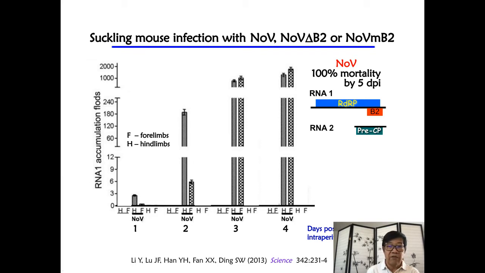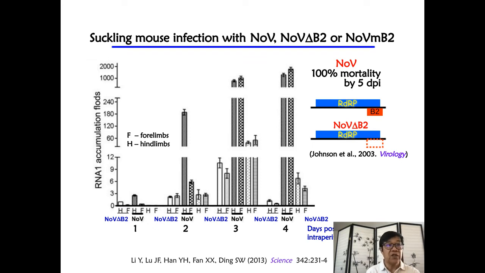So the fold of amplification is over 1,000. And by day 5 post-inoculation, all of the infected mice died. So 100% mortality by 5 DPI.